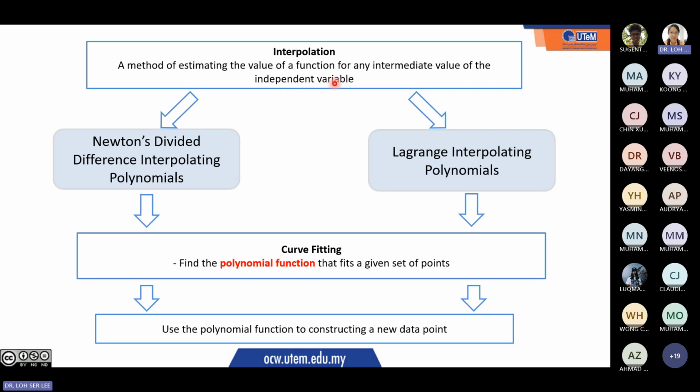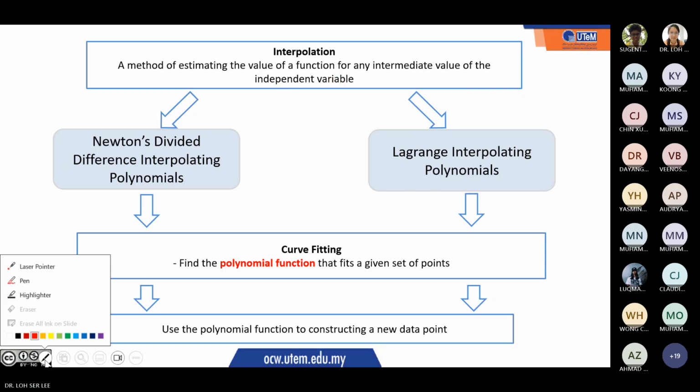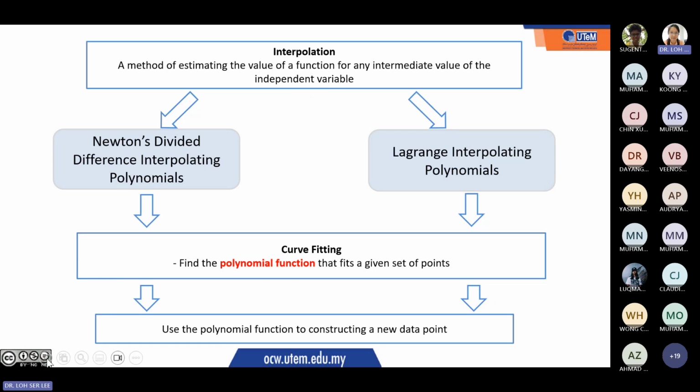I think I roughly explained this to you. Let's say we have 3 points just now. We have x, we have f(x), and here you have x from 0 to 4.